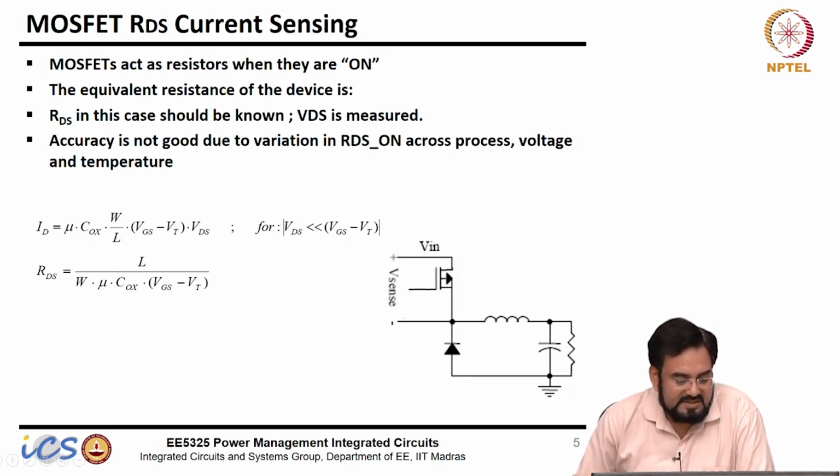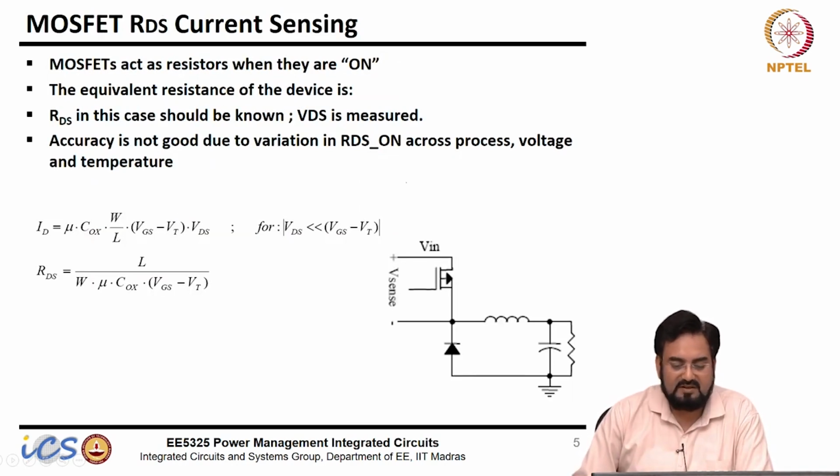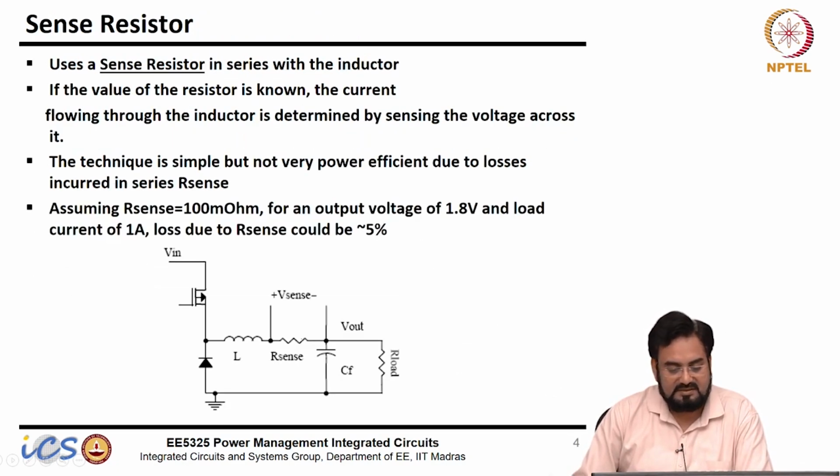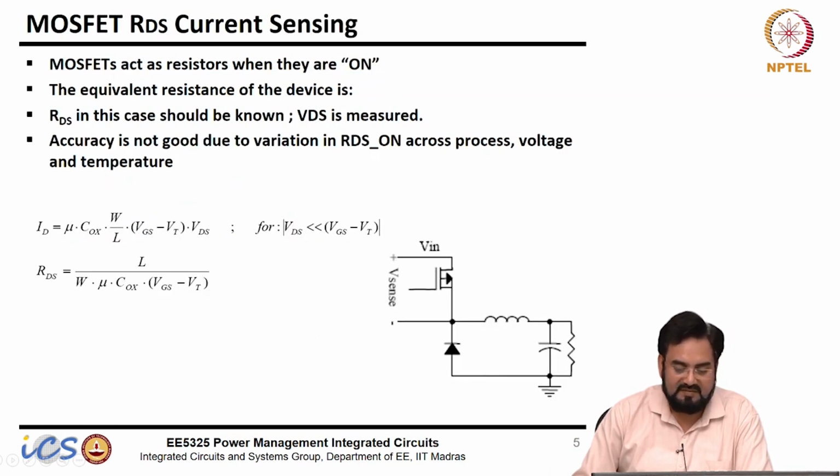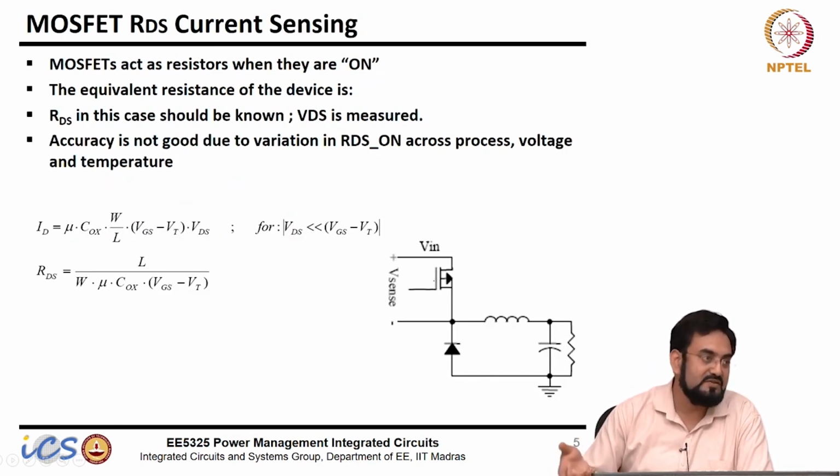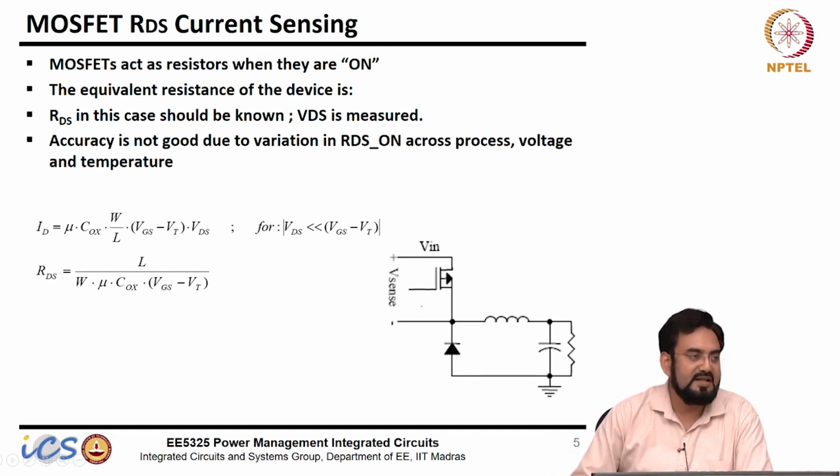Then RDS based sensing. Instead of detecting the voltage across this resistor, let's say we don't have this, then you have another resistor, which is the RDS on of your MOSFET. If I can detect this voltage, and you can always do that when this switch is on, you just measure the voltage across it, and if you already know the RDS on, then you can get the current information.